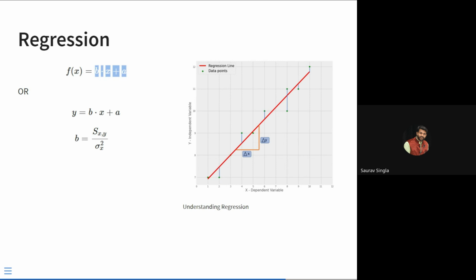Very nice, very good. y = mx + c. That is the equation of a linear straight line.